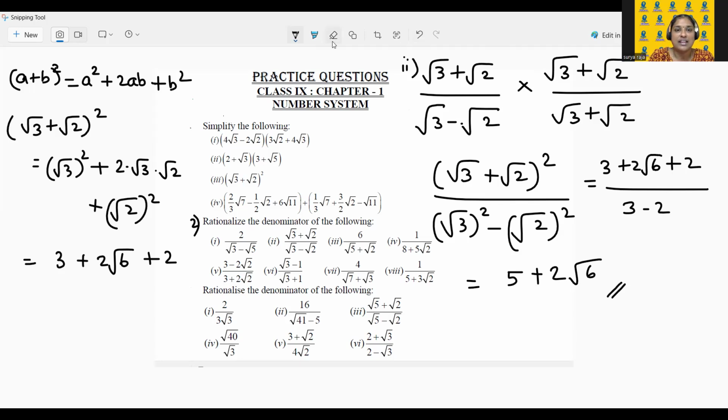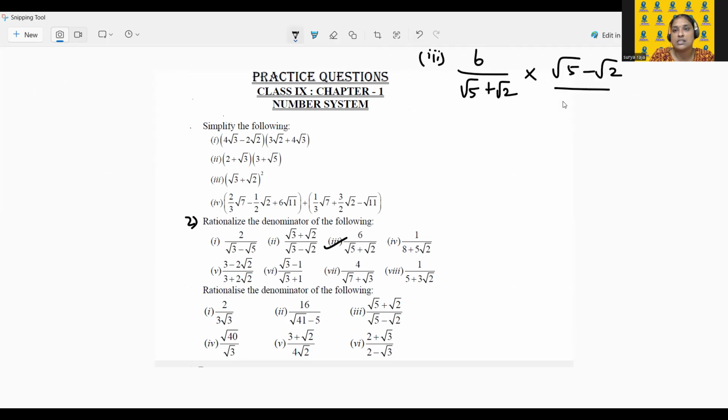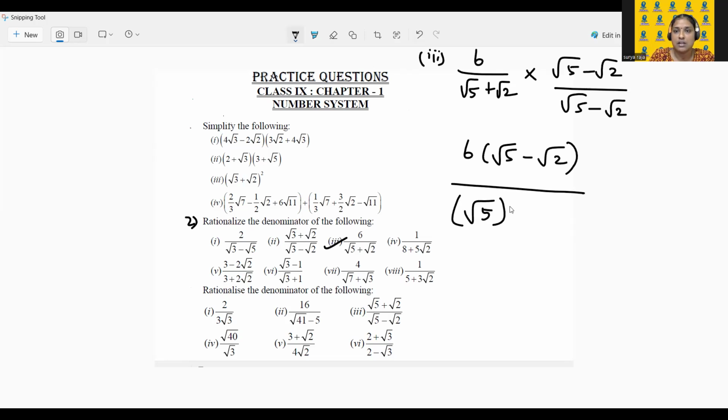Okay. Let me do question 3 in this. So 6 by square root of 5 plus square root of 2. I'm just changing the sign, multiplying the denominator. I got this, right?